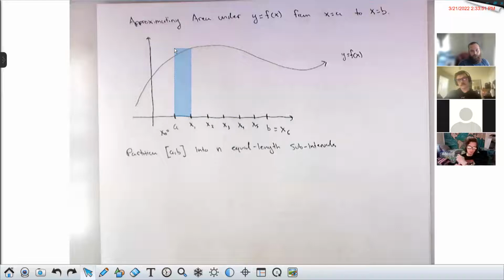You see it? Right endpoint, left endpoint. I'm going to draw the right endpoint Riemann sum first.